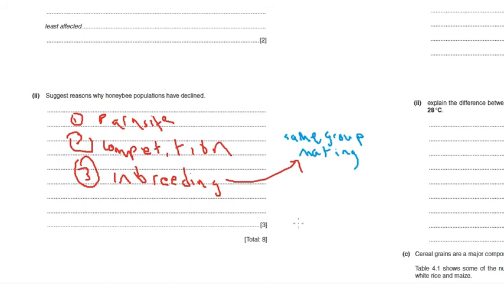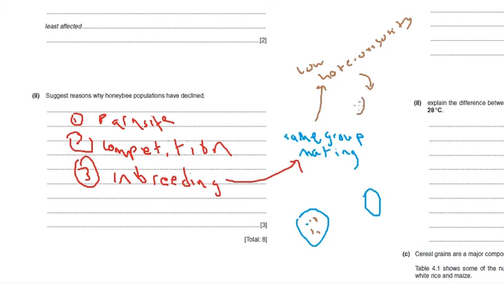If there is this group of bees and that group of bees, the bees in one group will be mating among themselves. They won't go and meet the other group, and eventually their genetic variation, their heterozygosity, will be low. So from inbreeding we get low heterozygosity, which then causes less adaptation.